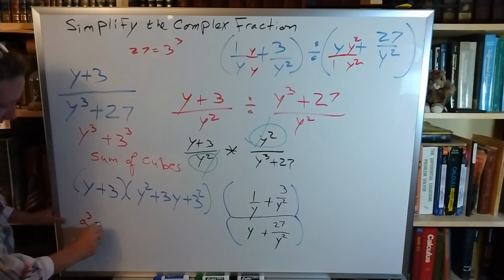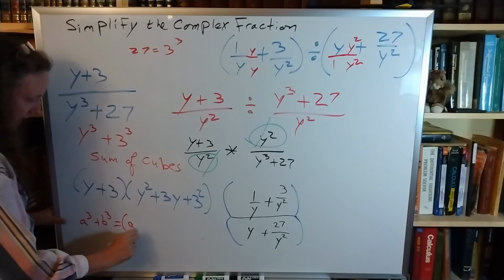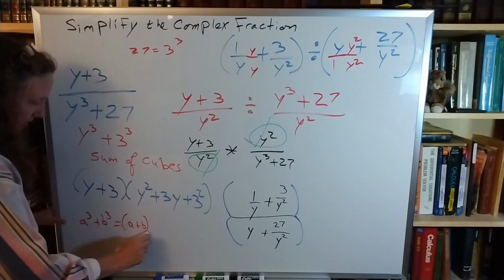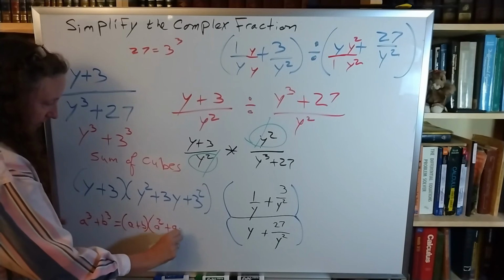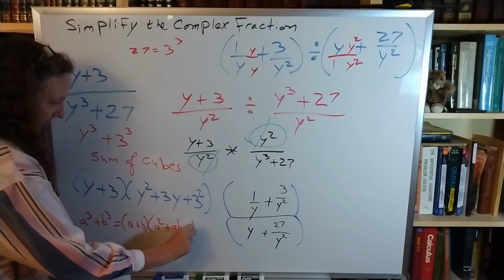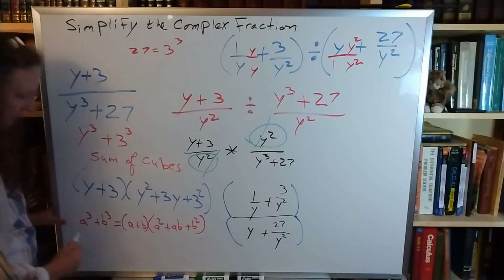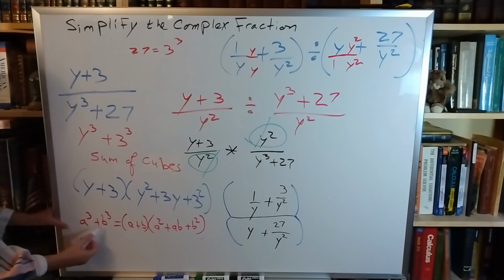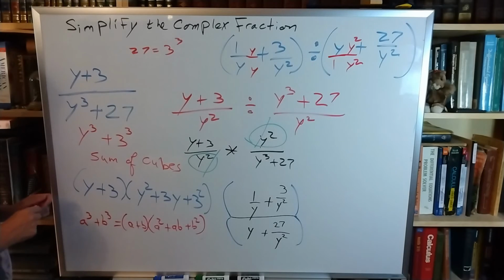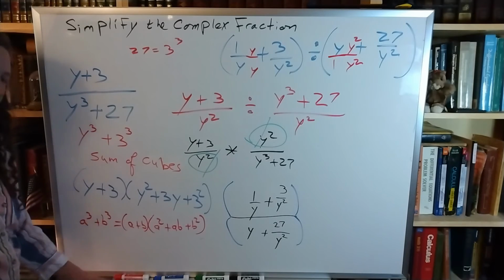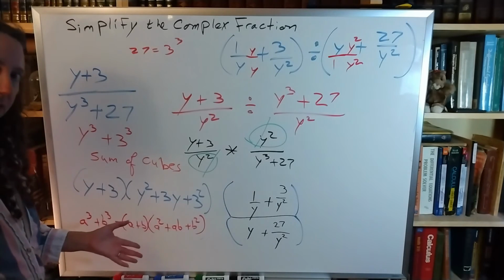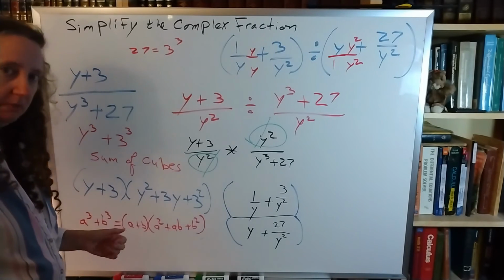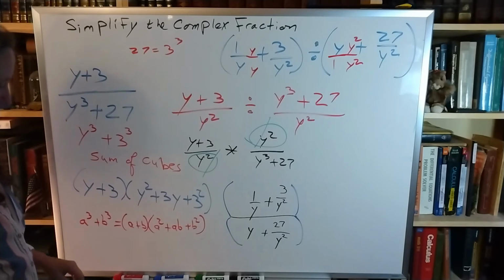A to the third plus b to the third equals a plus b times a squared plus ab plus b squared. So that is my sum of cubes rule. Like I said, I don't expect you to memorize it. If you have to go very much further with your math, you might want to learn it, but you don't have to learn it for my class.